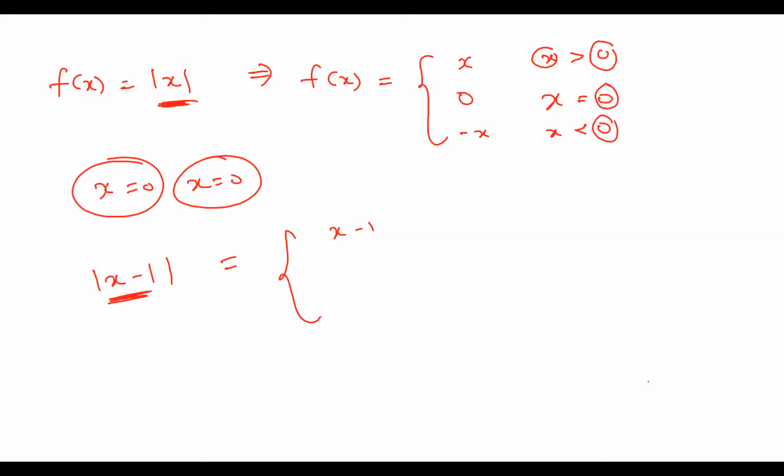So when x minus 1 is greater than 0, is that not x greater than 1? Similarly, I'll write it as 0 when x minus 1 is 0, which implies x is equal to 1. I'll write it as minus of x minus 1 when x minus 1 is less than 0, which is x less than 1. So that is what I wrote here.